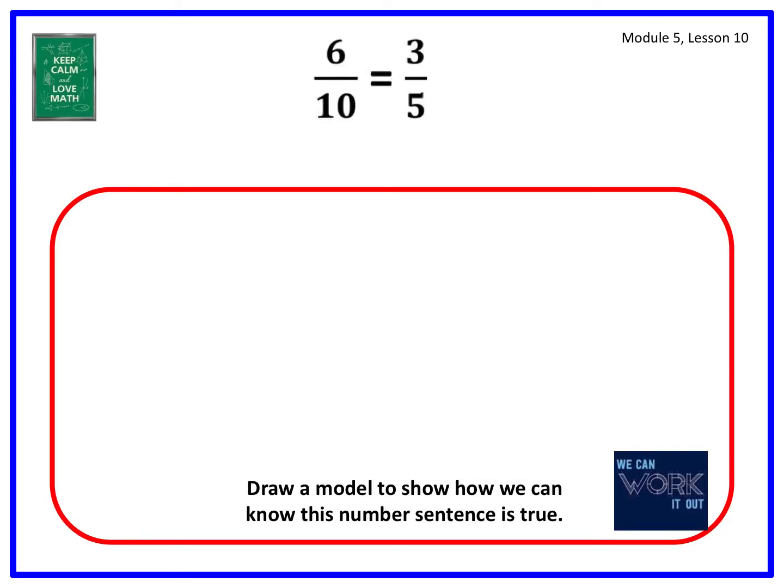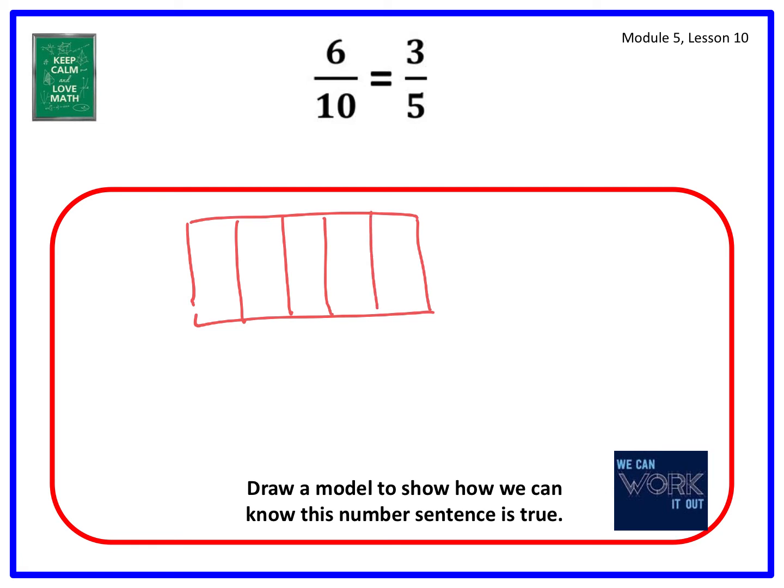Okay, look at that next one. We're going to draw a model. This says that 6/10 is equal to 3/5, and we want to prove this. We want to do this by factors and also by using our model and our division sentence.